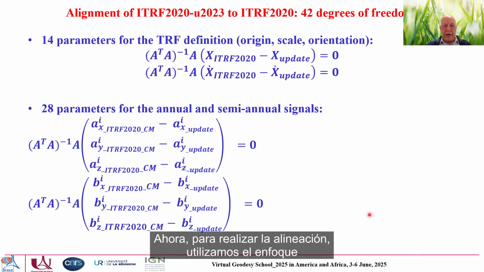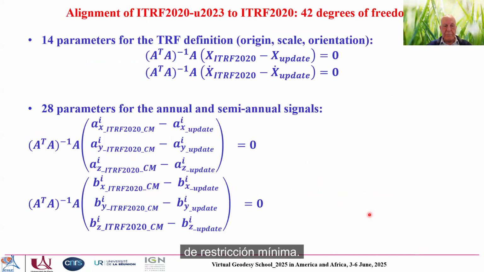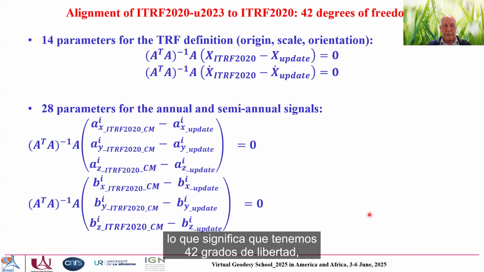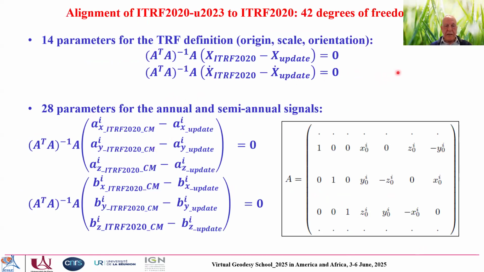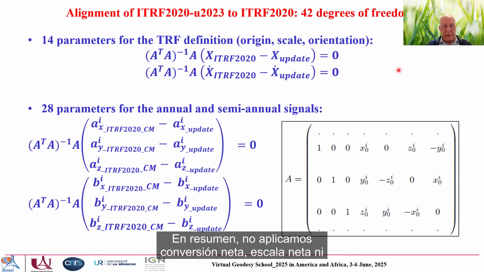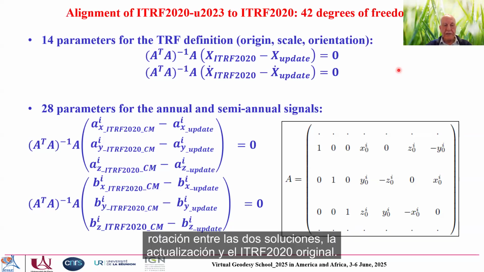Now, to do the alignment, we use the minimum constraint approach, which means that we have 42 degrees of freedom: 14 for the parameters of the frame itself, and 28 parameters for the seasonal signals. In short, we apply no net translation, no net scale, no net rotation between the two solutions, the update and the original ITRF 2020.